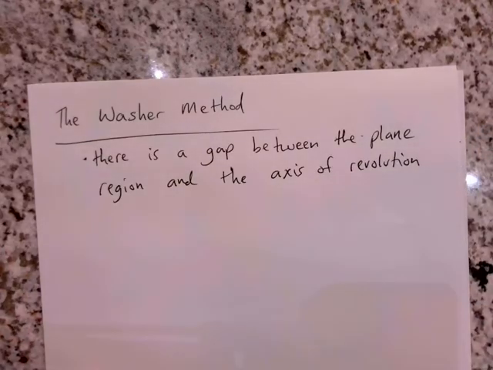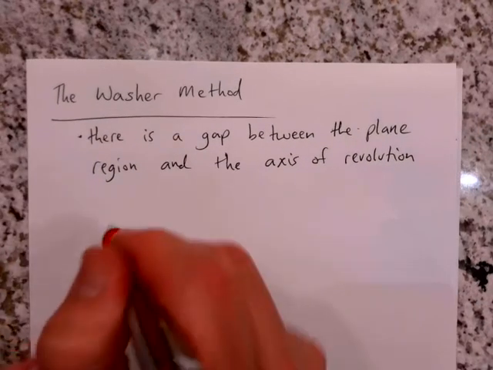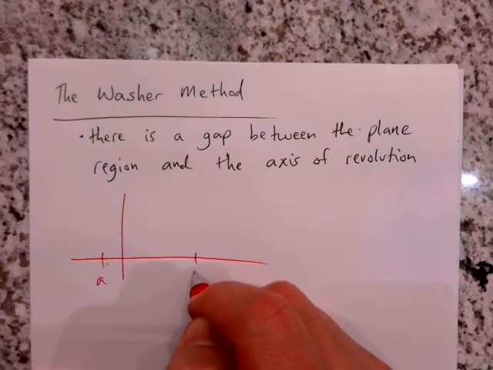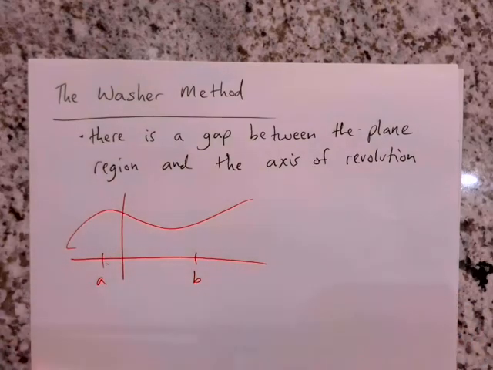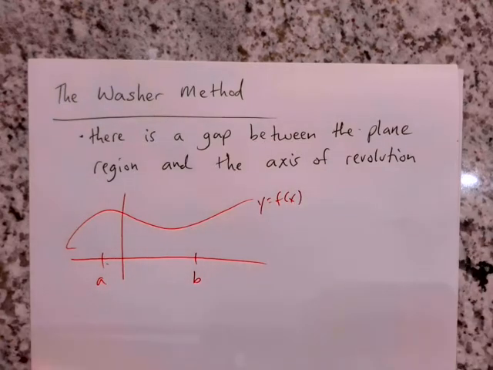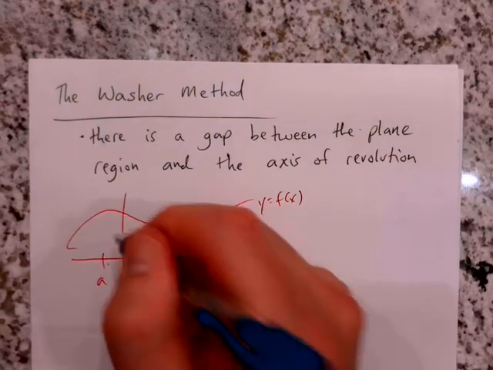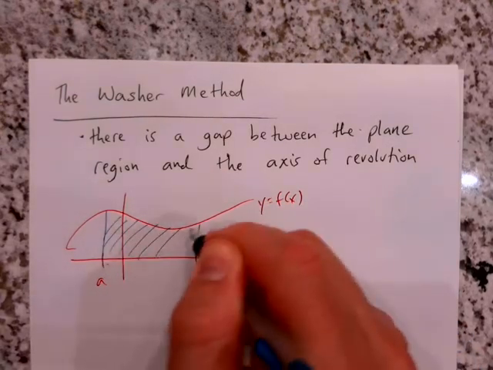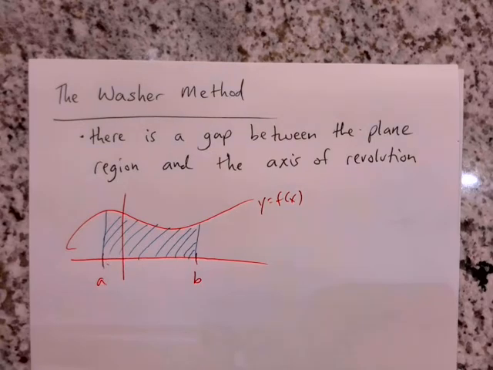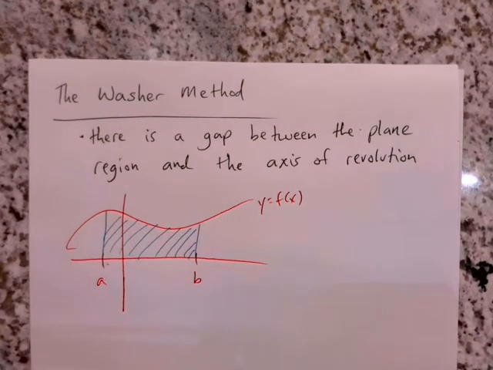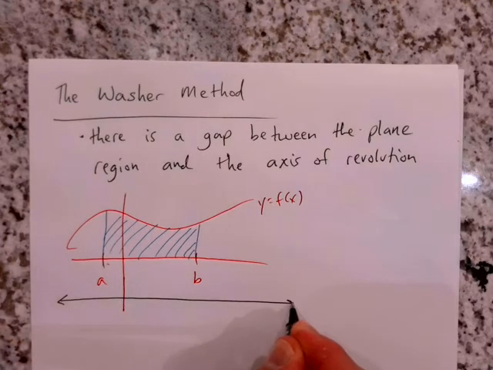For example, if we had some two-dimensional plane region going from A to B, let's say here was the region that we were taking, bounded by the curve, the x-axis, and the vertical lines x equals A and x equals B, and maybe this down here is our axis of revolution.